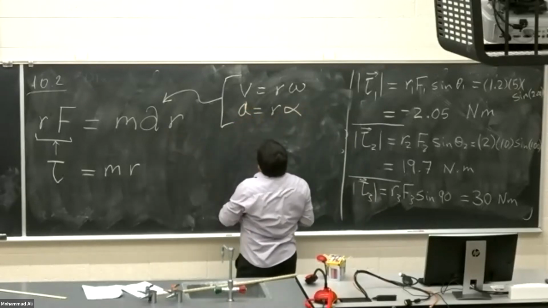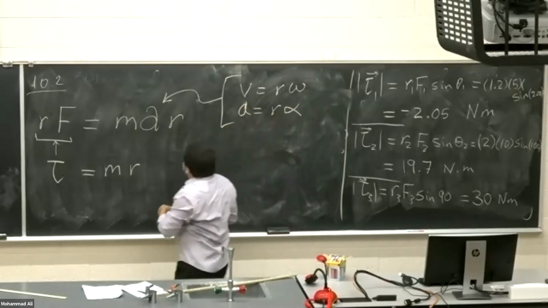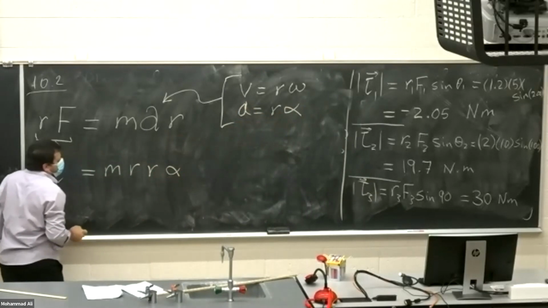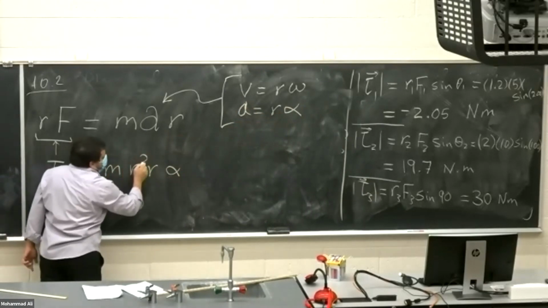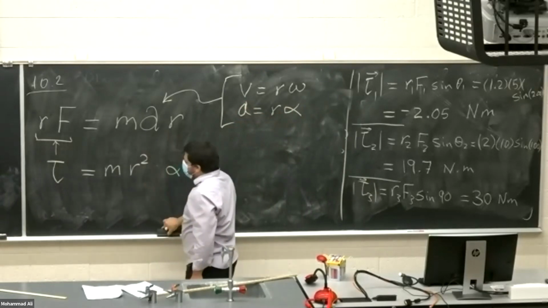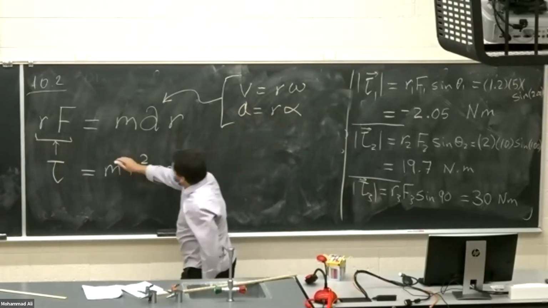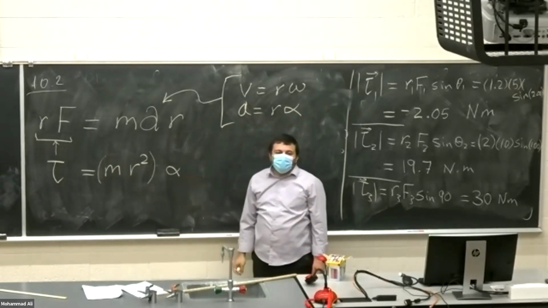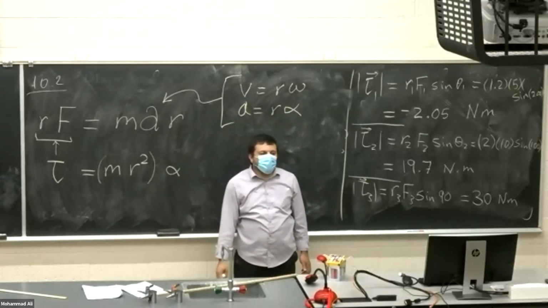So A is equal to R alpha. This is another R, and this is alpha. R by R is R squared. Put your parentheses here. Now we have alpha and R squared.